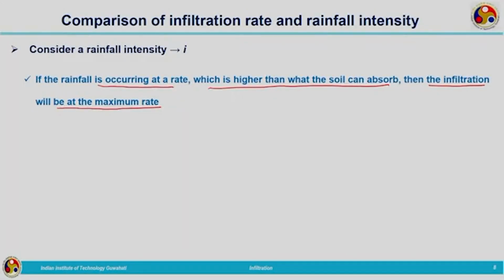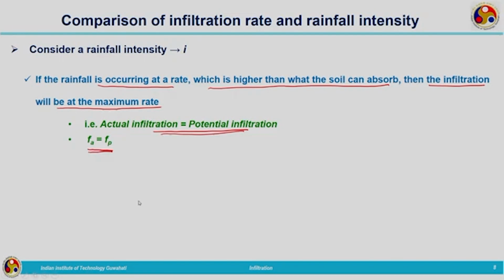So, in such a case we can tell that the actual infiltration is equal to potential infiltration. We are having the maximum amount of water available from the rainfall, so that the maximum infiltration capacity can be satisfied. So, in that case actual infiltration will be the maximum infiltration rate, that is nothing but our potential infiltration. So, we can write Fa is equal to Fp in that case.